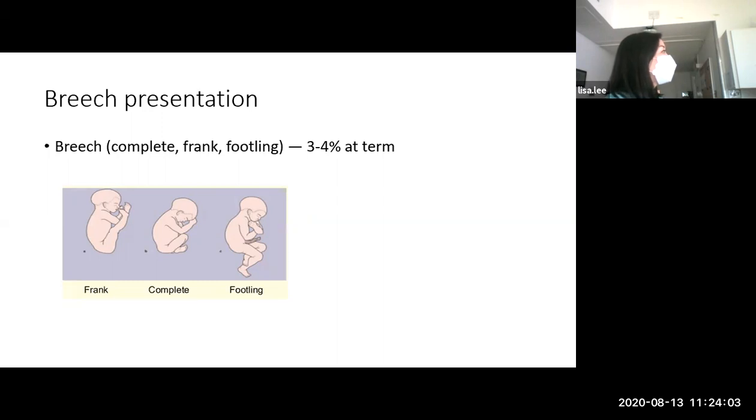So in counseling her, I'd say if you're wanting a vaginal delivery, there are options to try and turn the baby to make that possible. You need to start planning for that in the next couple of weeks.